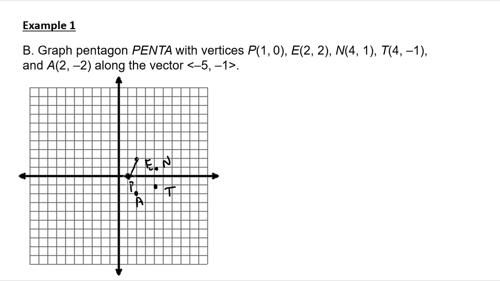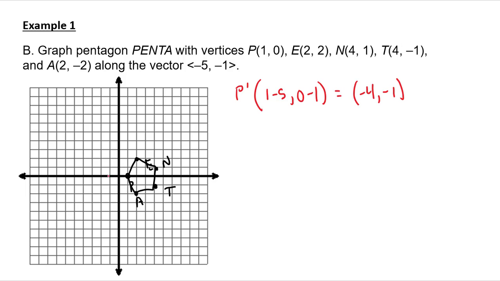So I'm basically taking that pentagon and shifting it 5 to the left and 1 up. So for my P prime point, another way you could find it is to take 1 minus 5 and 0 minus 1, to get P prime is -4, -1.